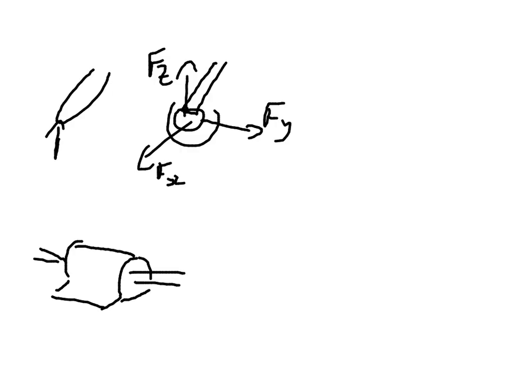If you were to push on it in that direction, then it would push back. So there is, in the X direction, a support reaction. If you were to push on it downwards, then it would push back upwards. So in the Z direction, there is a support force.